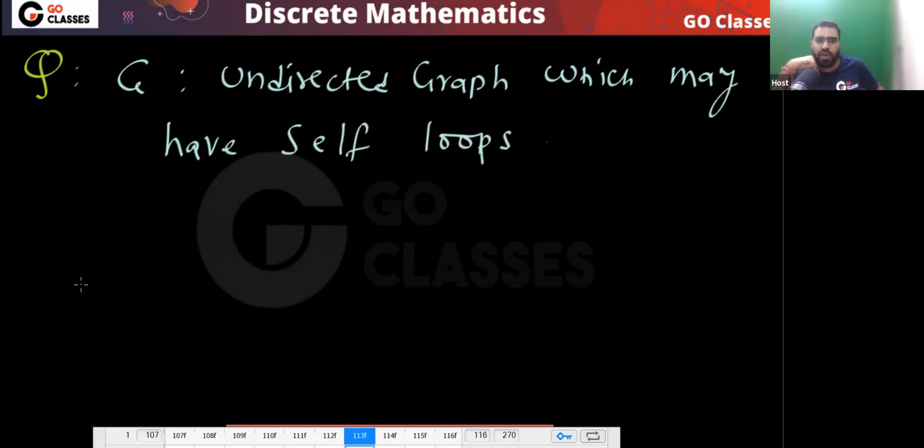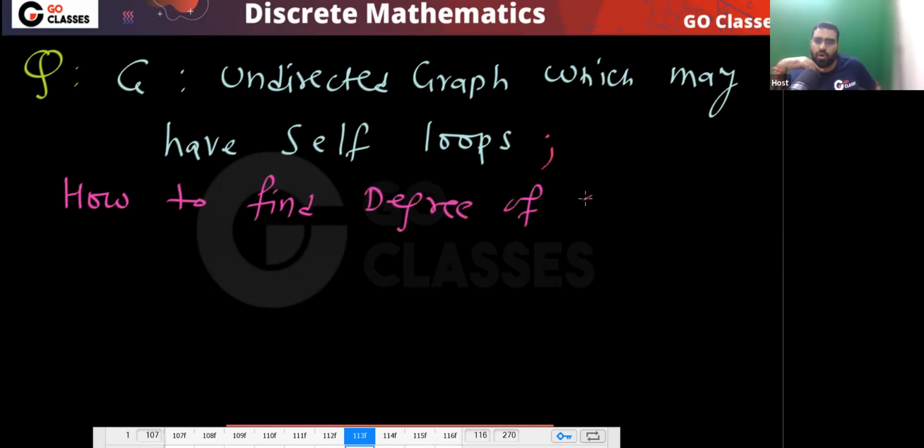Now how to find the degree of every vertex? How to find the degree of all vertices?